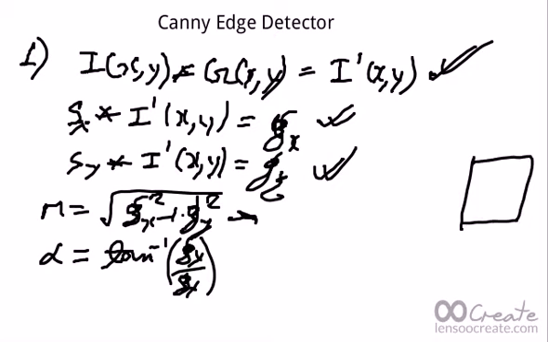For example, in an image, if this is the edge, we take the partial derivative in this direction and find out the angle of the edge. We also find out the strength, the intensity difference in the partial derivative in both directions, and we take the magnitude.